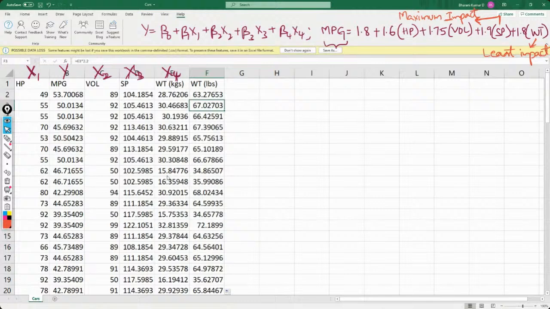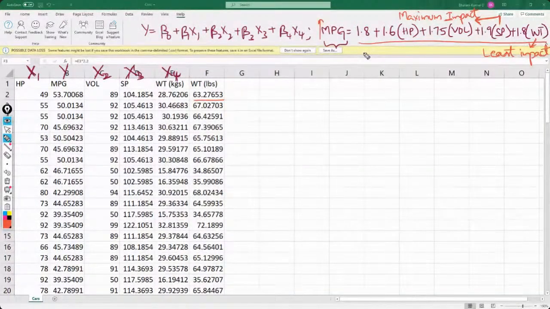Now, same vehicle, just because you have measured in pounds, what would happen if you substitute 63 instead of 28 in this equation? 1.8 multiplied by 63, not 28. So your mileage will increase.